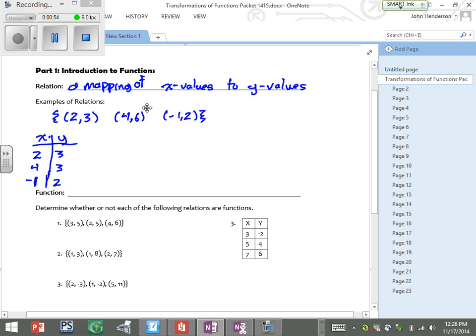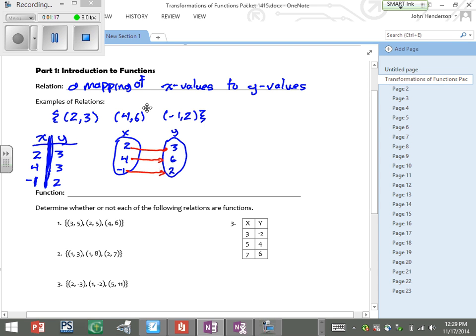So we could do it as what some of you have probably seen before when you learned about functions, in terms of a mapping where you put the x's in one oval and the y's in another. And so you put your 2, your 4, and your -1, and your 3, your 6, and your 2, and then you would map. So the 2 maps to 3, the 4 maps to 6, the -1 goes to the 2 there.